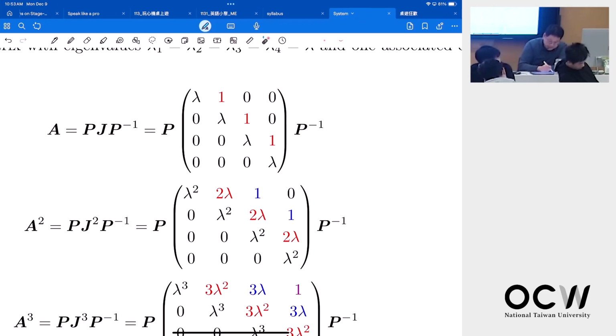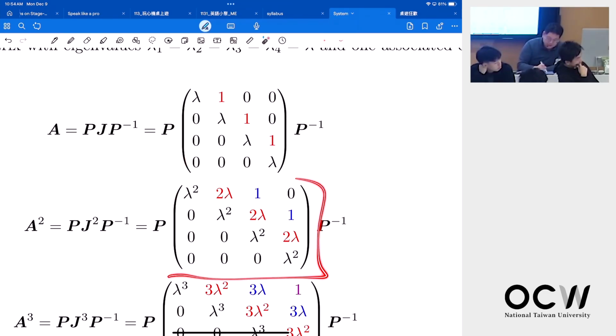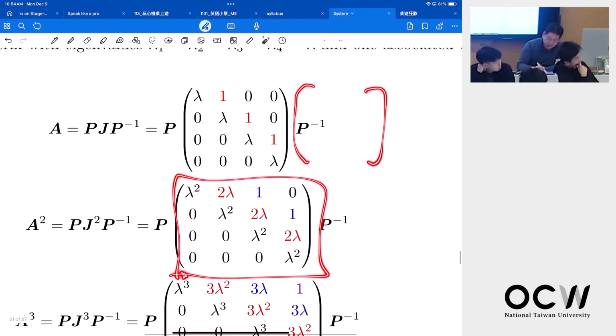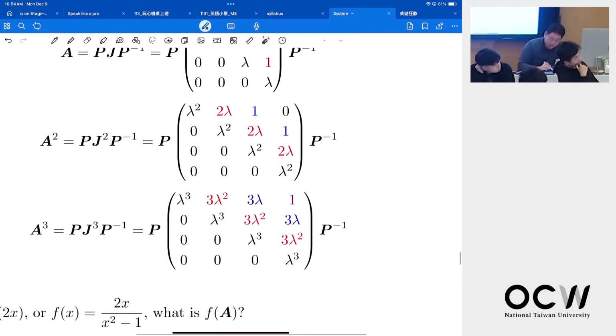That means P J P inverse times P J P inverse, so they cancel. So we have P J squared P inverse. This is the Jordan block squared. You multiply by this again, then you get this one. If we do the cube, then there will be J cube. J cube is here.